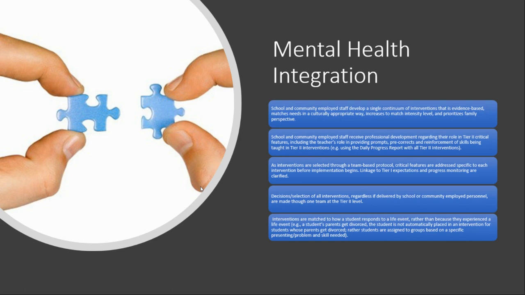Another strategy is that school and community employed staff receive professional development regarding their role in the tier 2 critical features, including the teacher's role in providing those prompts, pre-corrects, and reinforcements of skills being taught in tier 2 interventions, i.e., using that daily progress monitoring report to track those interventions provided in the classroom, as well as how they are providing that feedback and reteaching and using evidence-based strategies to correct those behavioral errors.